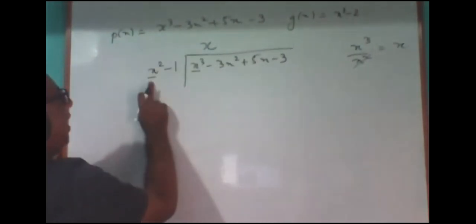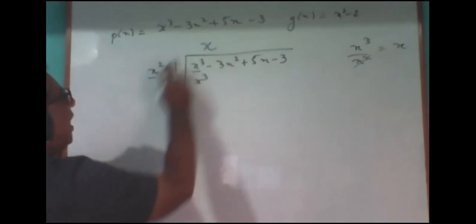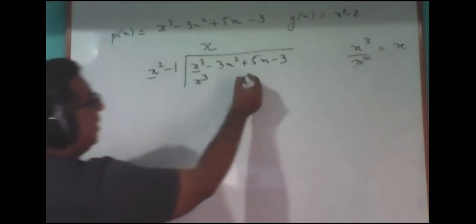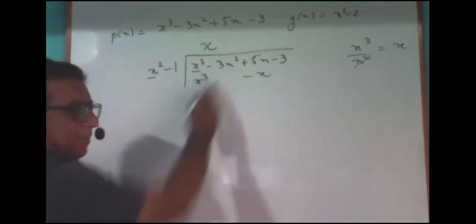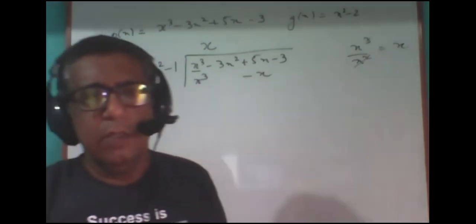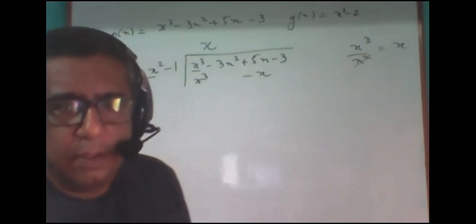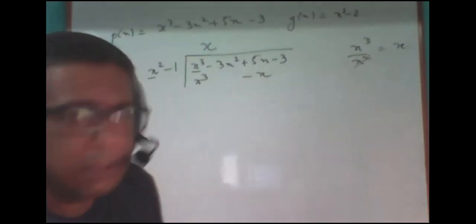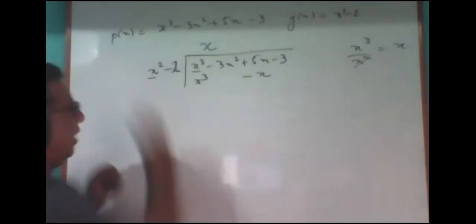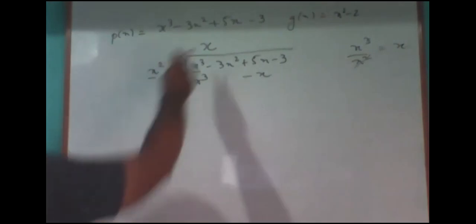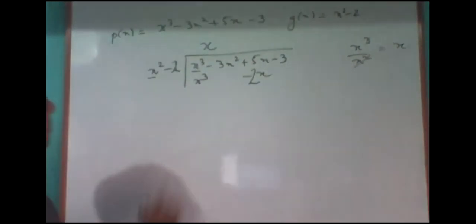X multiplied by x square is x cube, and then x into minus 2 is minus 2x. Have a look, beta.